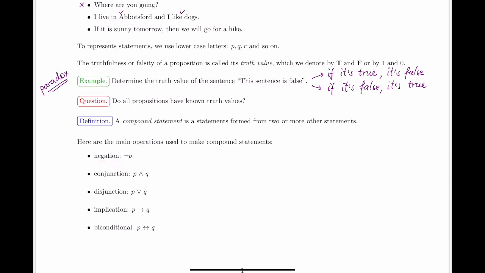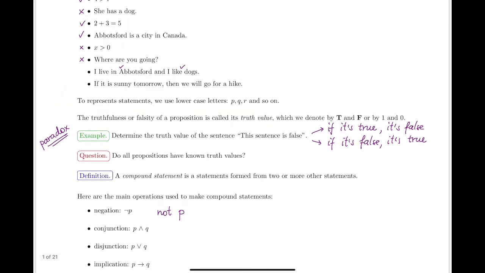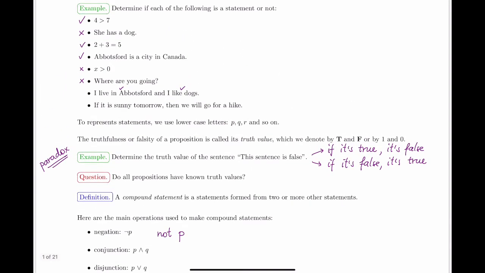First of all is negation. We denote it by a little bar in front. Some books refer to it as the bar on top, and some replace the little symbol with the tilde in front. The way we read this is not P. Again, remember that P refers to a particular proposition. So for example, P can be 4 is greater than 7.